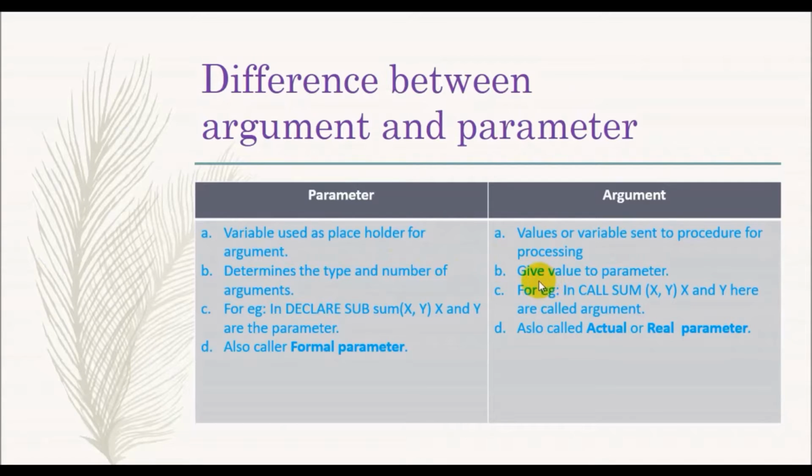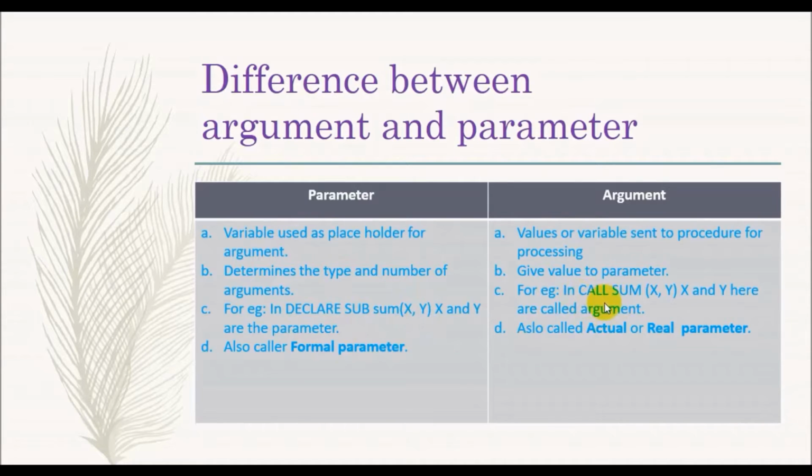And argument gives those values to the parameter. For example, in the statement declare sub sum x y, here this x and y are called parameter because this is in declare statement. So we need to remember that whatever variable we write inside bracket in the declare statement, that is called the parameter.